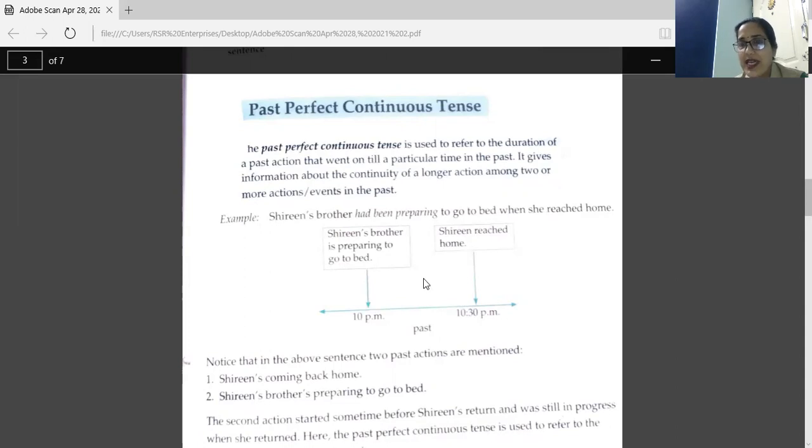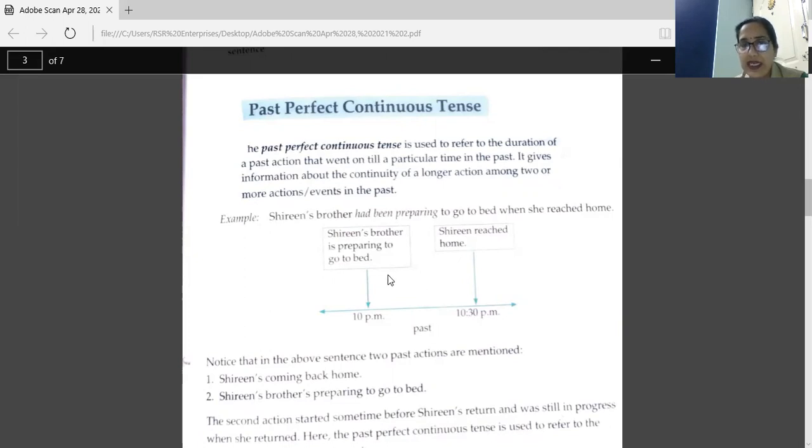So in such condition, you have to use past perfect continuous tense. The work which started at some past time, and at some past time only it was in continuation. It was going on.